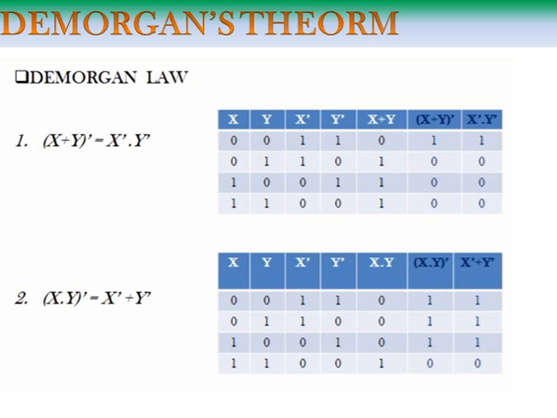Now, De Morgan's theorem. De Morgan's theorem has two laws. The first law states that (x plus y) whole bar equals x bar dot y bar. That is, the complement of the sum is equal to the product of their complements.